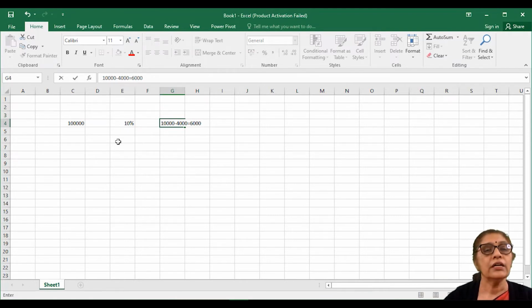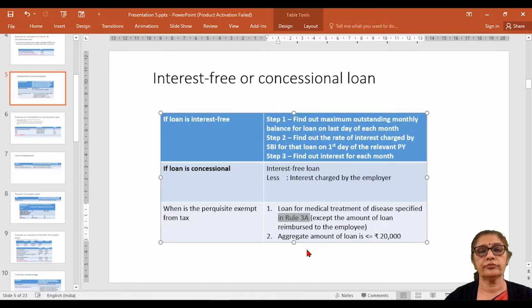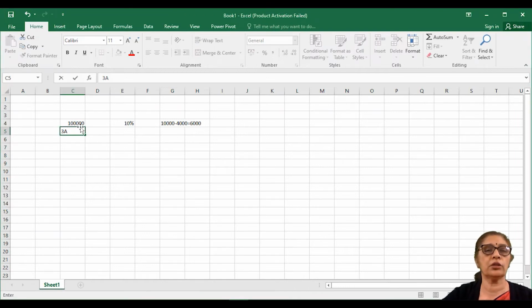But if this loan of 1 lakh is taken for the purpose of treatment of a disease covered under Rule 3A, then this entire benefit becomes exempt from tax, no tax, except if the amount of loan is reimbursed to the employee.